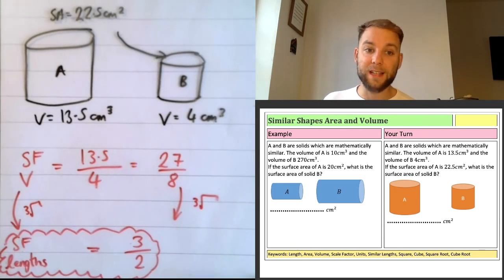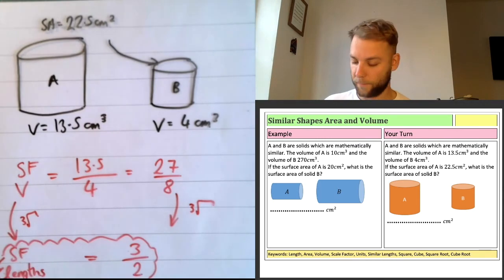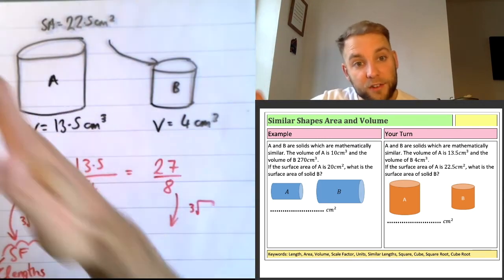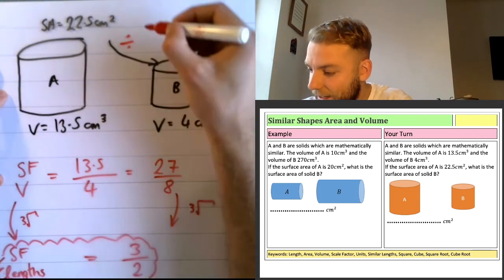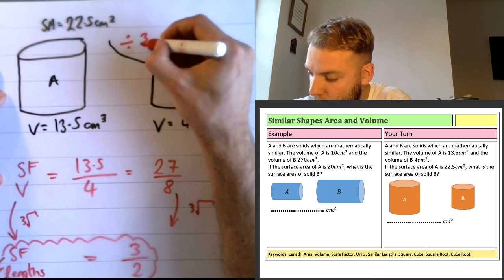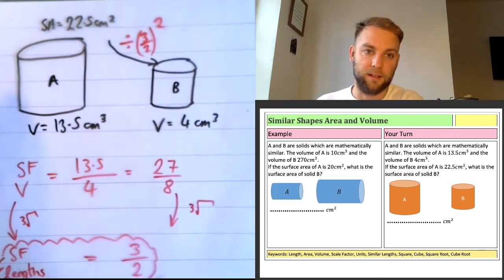Now remember, I'm not trying to find the scale factor for my lengths. I'm trying to find the surface area. So here, because I'm trying to find the smaller surface area, I'm dividing by my scale factor, which is 3 over 2. But because it's area, it's going to be squared, like so.